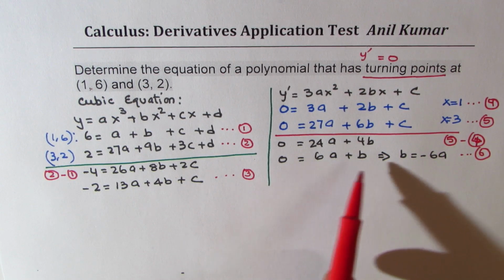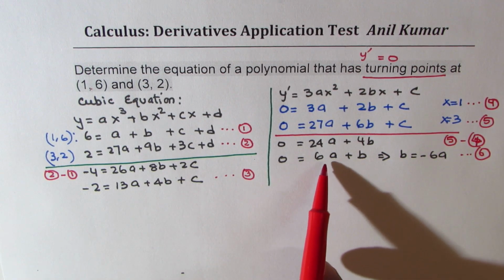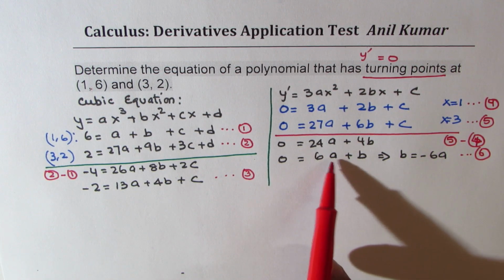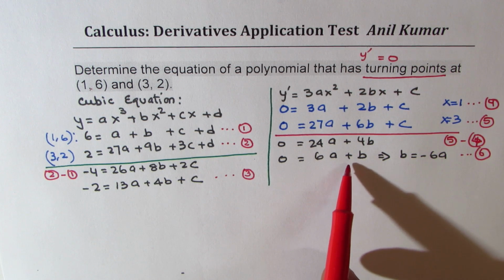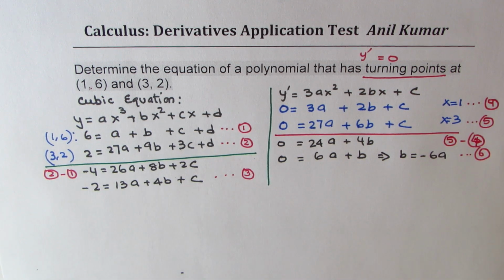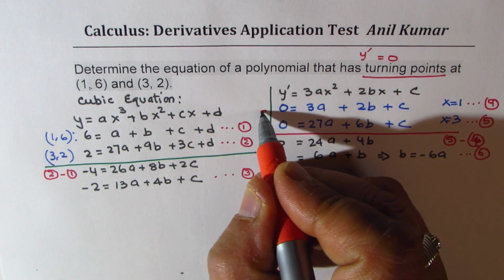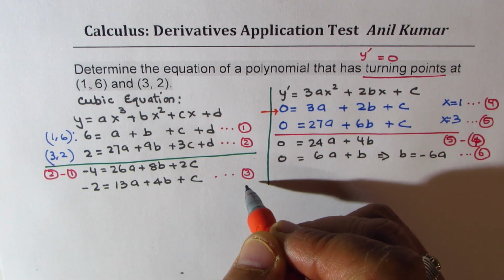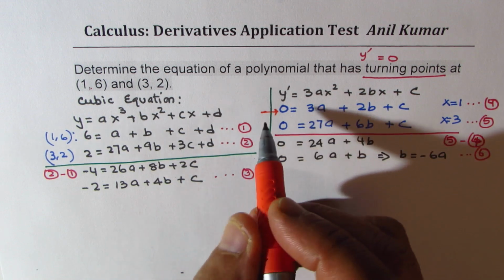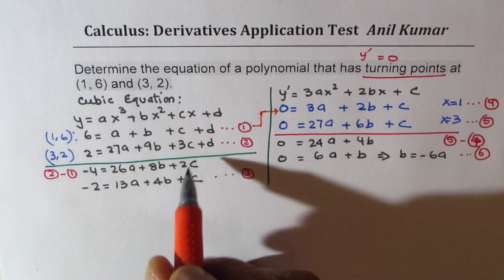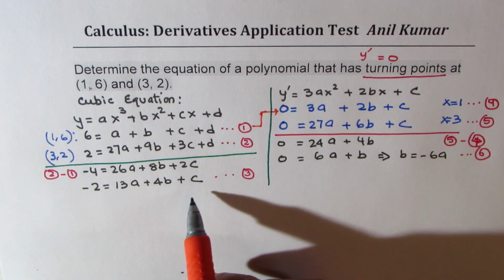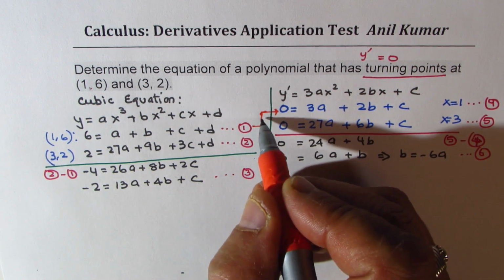Now, we have two variables. We need another equation to solve with two variables. So we can look into the combination of equation 4 with equation 3.